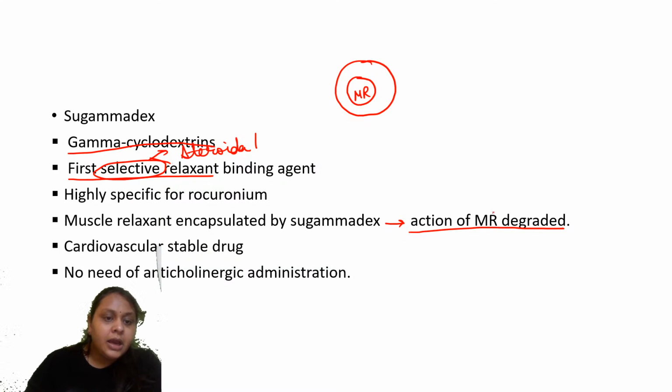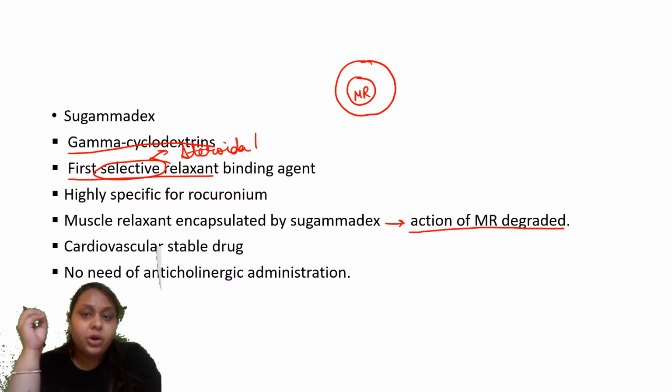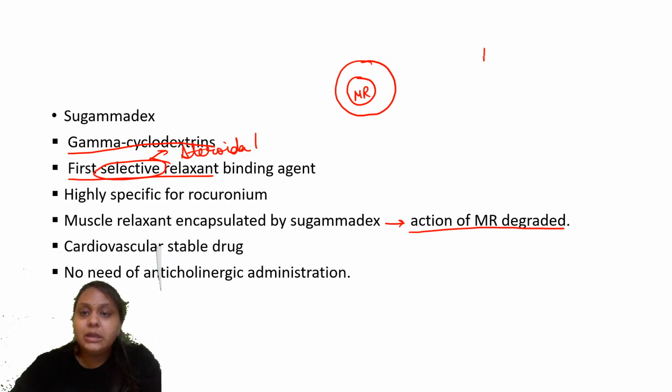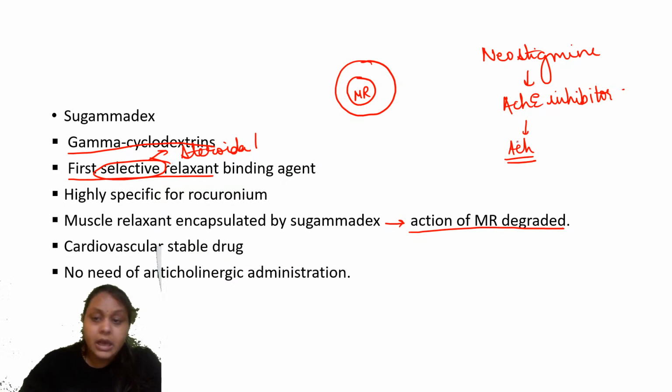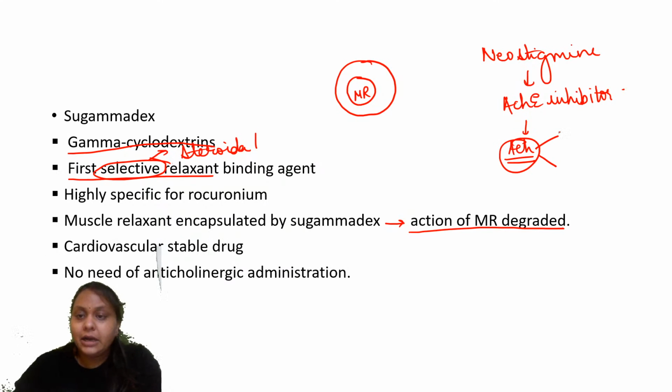Remember this: it is cardiovascular stable and does not require anticholinergic administration. What happens with neostigmine, an acetylcholinesterase inhibitor? There is an increase in the acetylcholine level, and this acetylcholine acts on both muscarinic and nicotinic receptors.